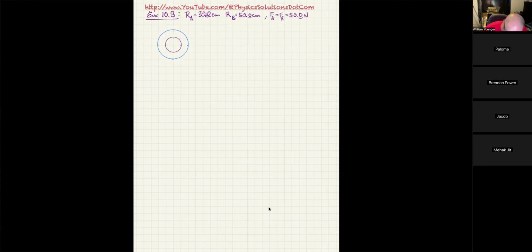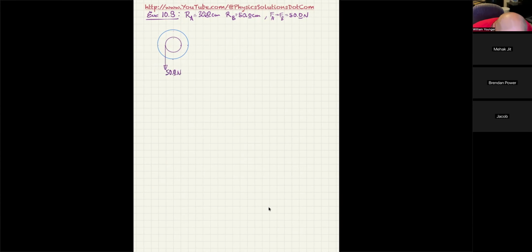So one has an inner circle, and what we're talking about here is a force of 50 newtons pointing down. And the other one is acting on the bigger part. If you imagine this is tangential at that point, then this force is 50.0 newtons at 30 degrees, which you could also interpret as 60 degrees.